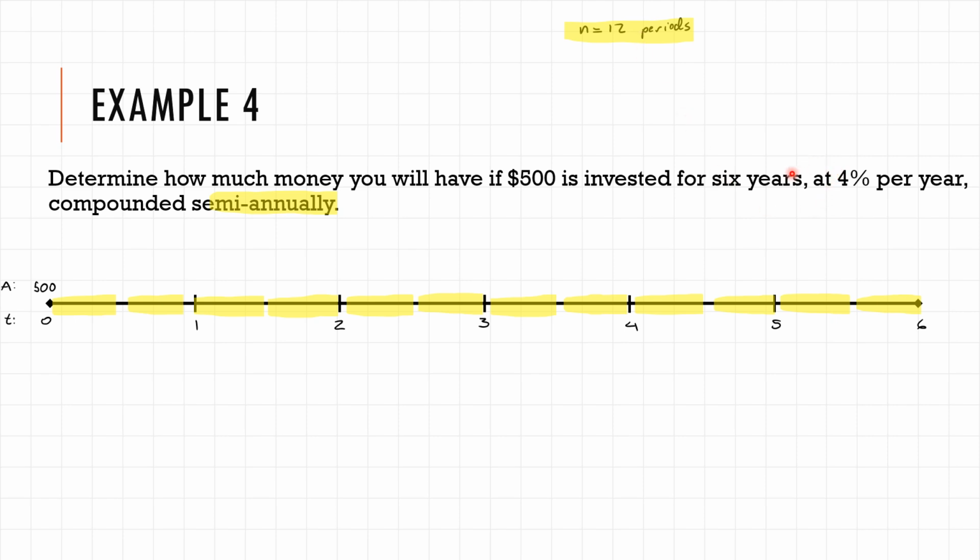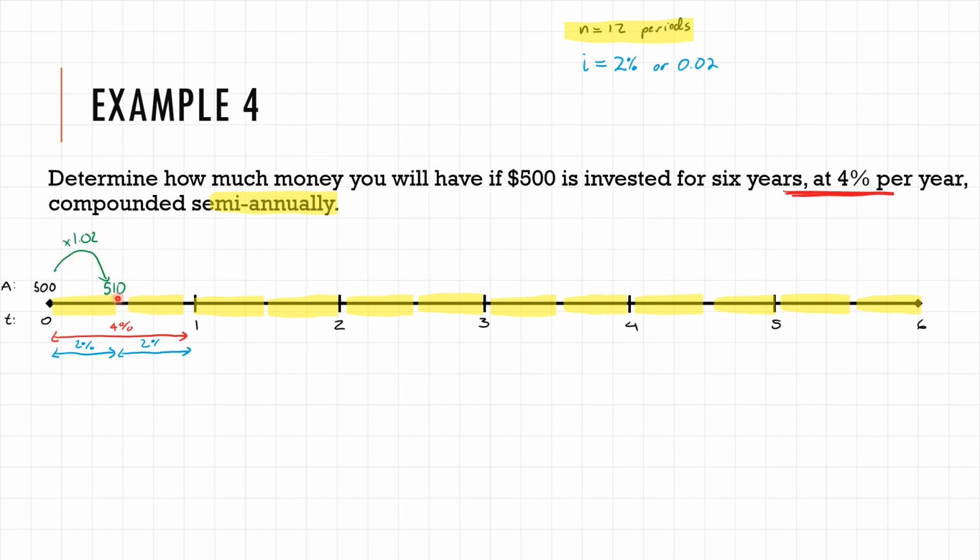Now we're getting 4% per year, but we're not waiting a whole year before we compound. So how much are we getting in just one period? 4% divided by the frequency, which is 2, is 2%. And so $500 is growing by 2%, and the way we do that is we multiply it by 1.02.